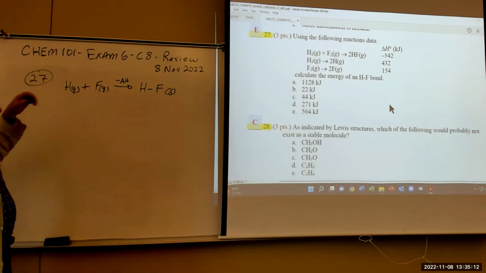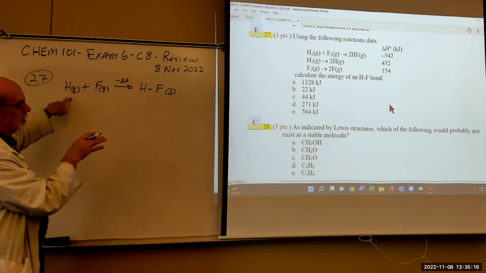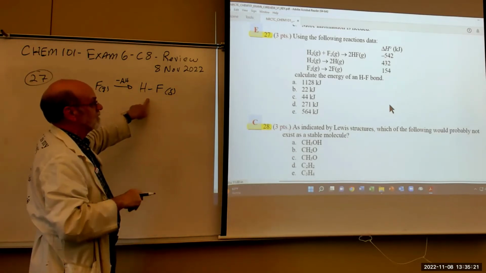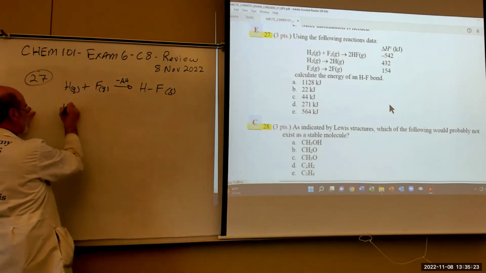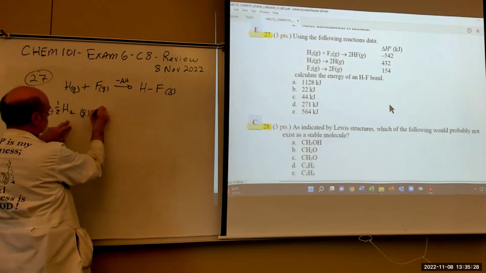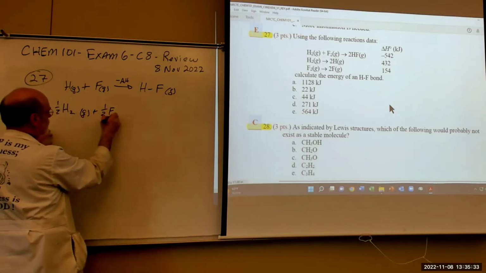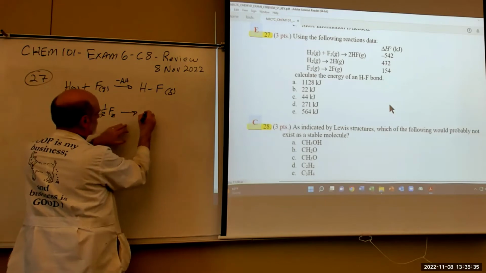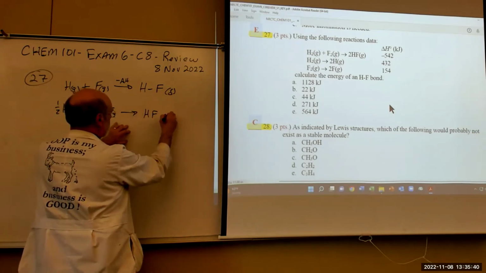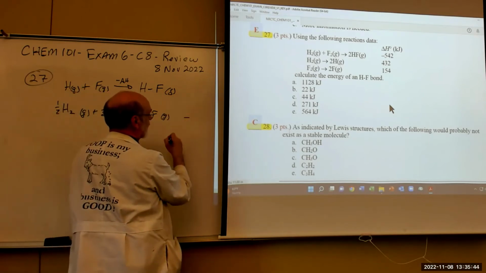So in order to do that, we have to say, what can we use? There's HF in the first equation, but we only need half of it. So we can say H2, I want to do several steps at once. Oops, excuse me, H2 yields HF gas, and it's in the same order, so it's a negative sign.